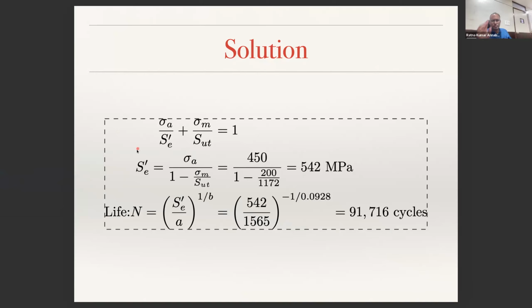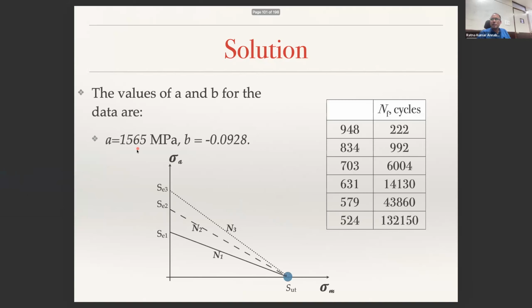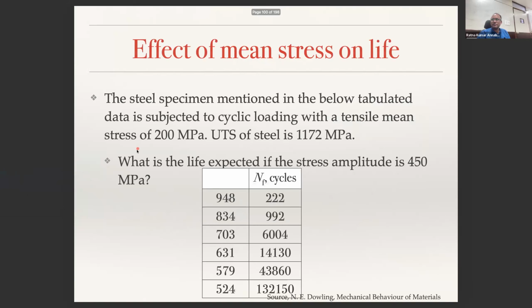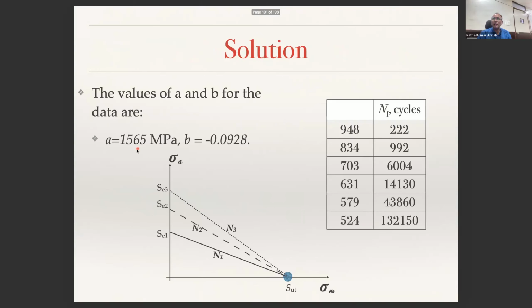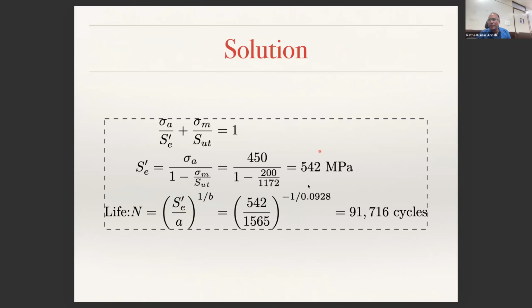So now we have understood how to deal with the effect of mean stress. If you carefully observe this problem, with zero mean stress, the life corresponding to 542 MPa is 91,716 cycles for 542 MPa alternating stress.